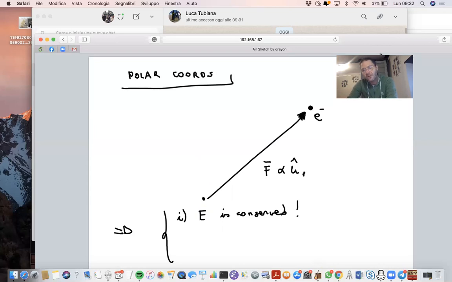So the first piece of information that follows from the fact that the force is central is that the mechanical energy is conserved.